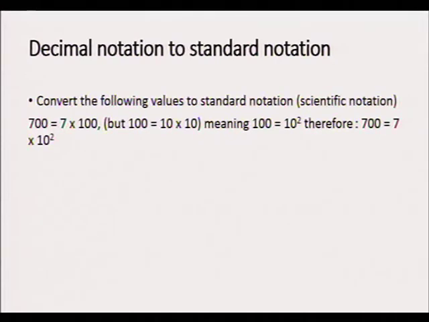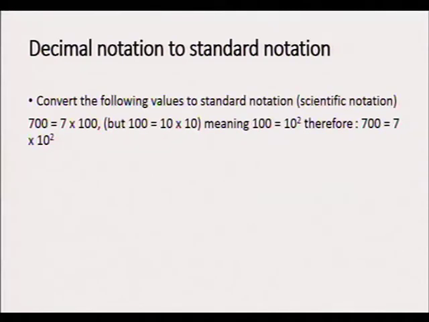But 100 is equal to 10 times 10. So meaning, for you to write 100 in a standard notation or in the scientific notation, you write 10 to the power 2, because you need to multiply 10 twice to get 100. Therefore, your final answer will be 700 is equal to 7 times 10 to the power 2.